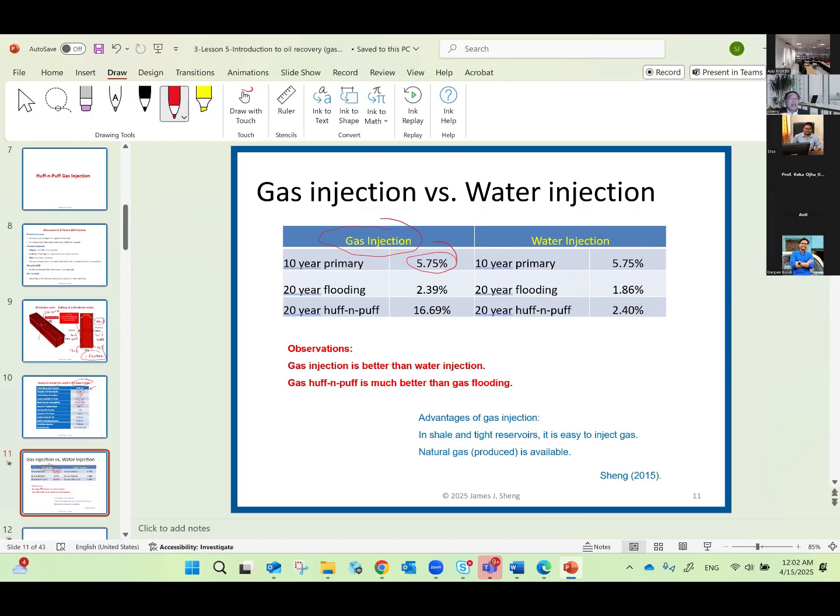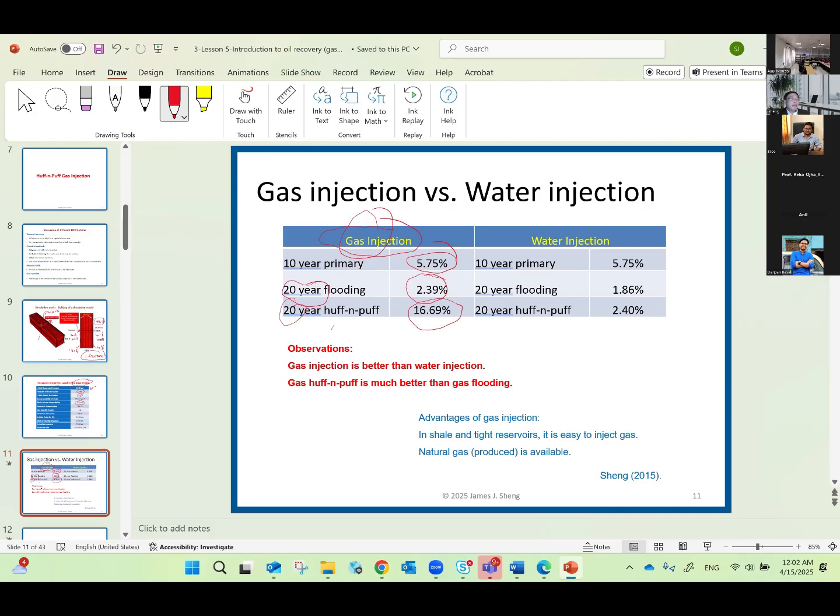Okay. Then we do the 20-year flooding. This flooding is gas flooding. We talk about gas flooding, Huff-n-Puff, right? So now we get an incremental 2.39%. But if the Huff-n-Puff 20 years, we get 16.69%.